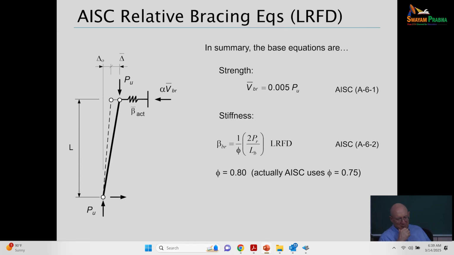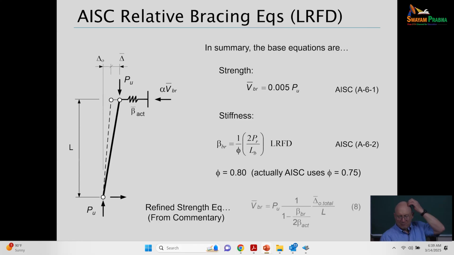The most consistent with the derivation I just gave you was phi of 0.8, but AISC actually uses phi of 0.75. And the refined equation for getting the brace force from the commentary, if we're providing an actual brace stiffness that's larger than the required brace stiffness, equation 8 here, ends up giving you a bracing strength requirement that's smaller than equation A-6-1 here at the top of this slide.